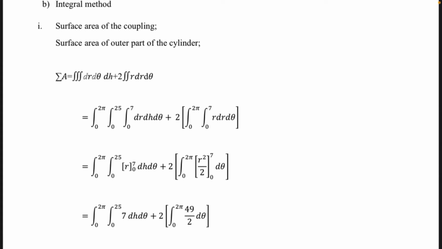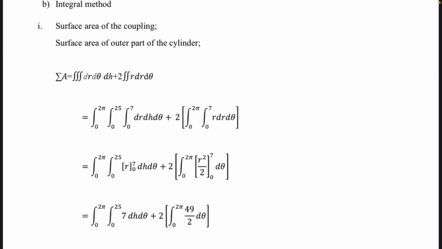What this means is that dr is the radius, d theta is the circle which revolves, and dh is the height from the bottom point to the upper point.